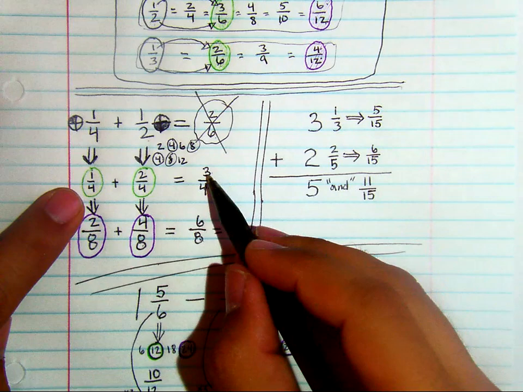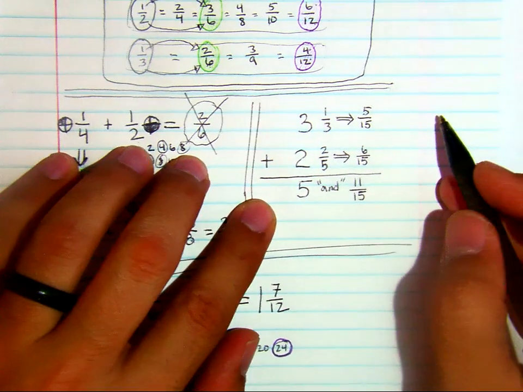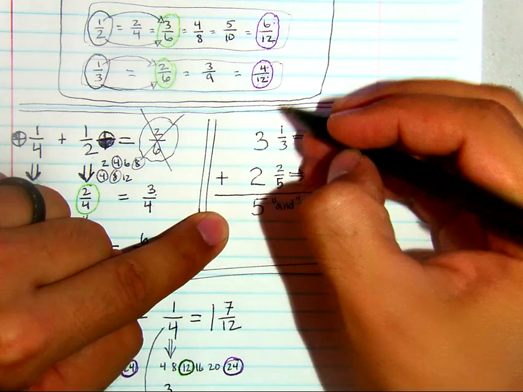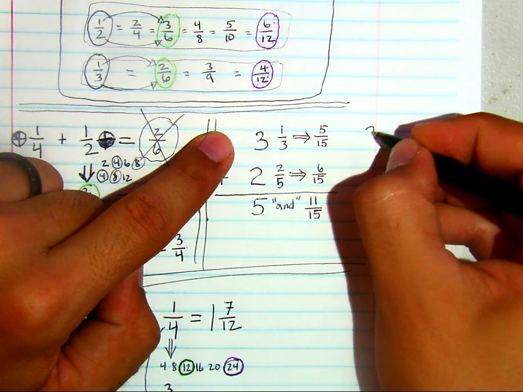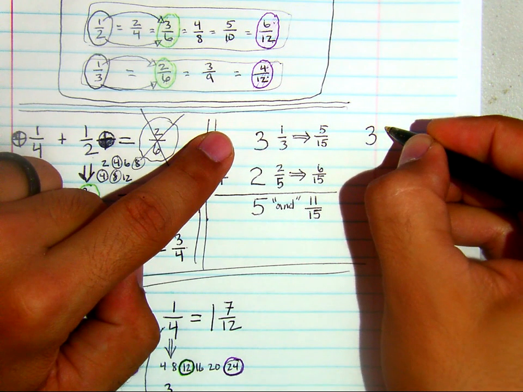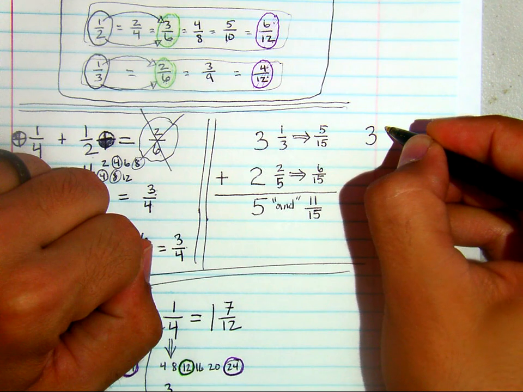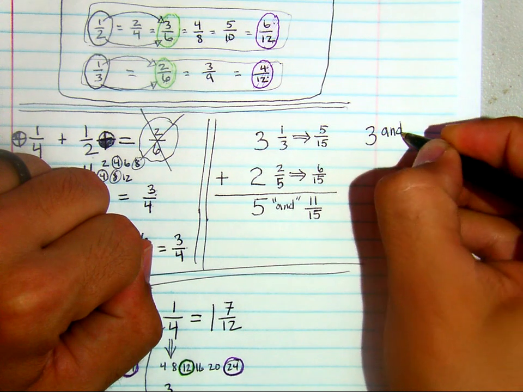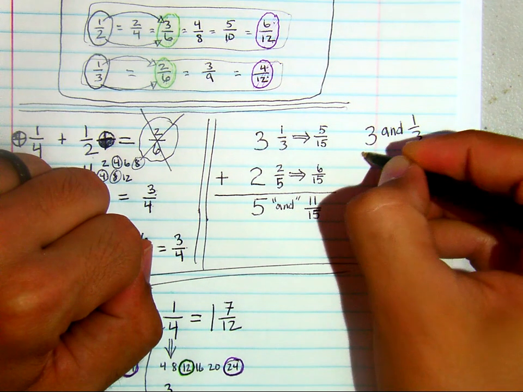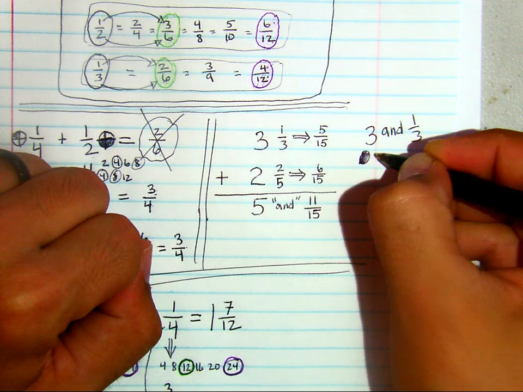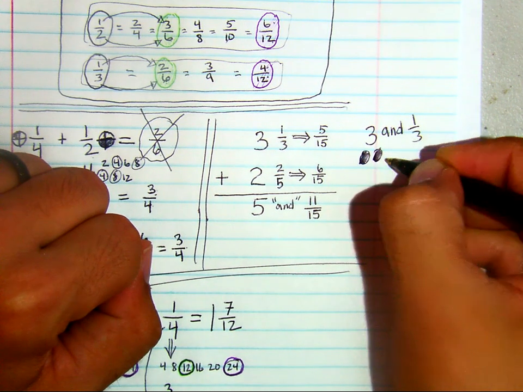Okay? Now when you're looking at mixed numbers, the idea that 3 and 1/3 is the same as 3 wholes and 1/3 whole really is that simple.